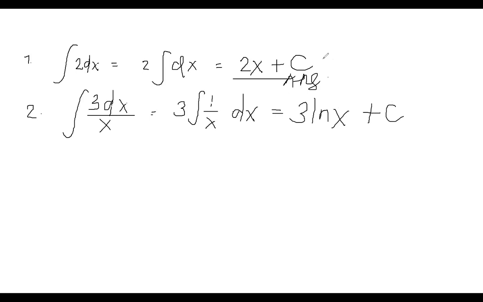Because again, in differentiation, if you differentiate a constant, it becomes zero. So when we return to the original function, we simply put an arbitrary constant which holds any value. So that is the c. It's very important to take note of and never forget. So that's the answer: the integral of 3 dx over x is simply 3 ln x plus c.